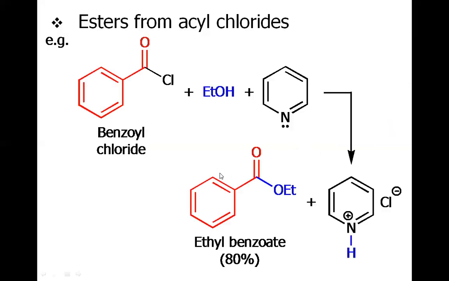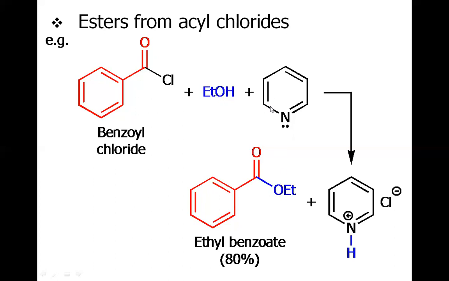Now let us take further cases, that the ester is not only formed from the carboxylic acid and the alcohol. We may also have the reaction of acid chloride and alcohol to have the ester. For example, if we have the benzoyl chloride, when reacted with ethanol, we have this chlorine group replaced and the OEt group has been added. So this is also the ester, and the role of pyridine is to abstract the proton from the ethanol in a general sense.